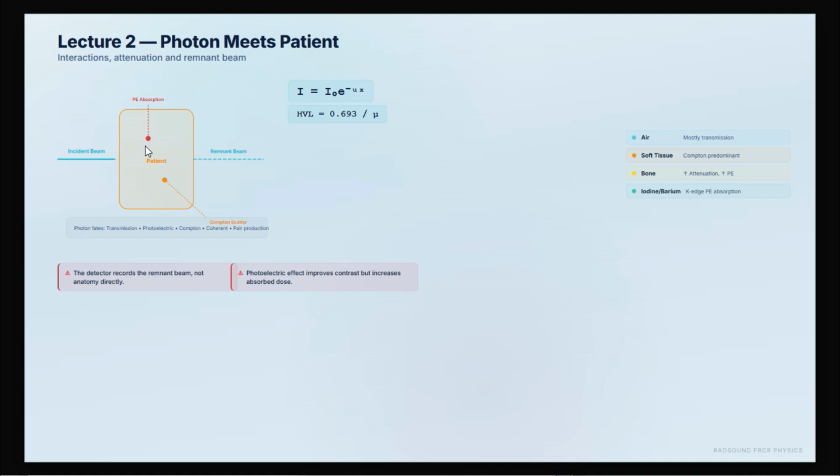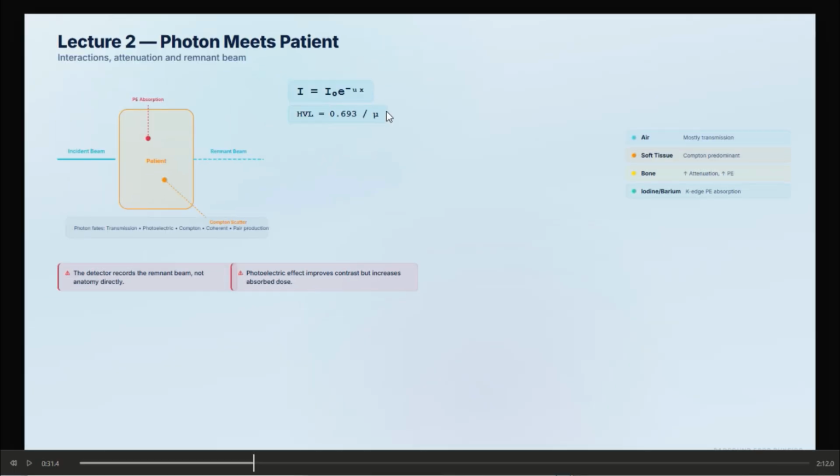This is the main remnant beam that will form the image. Whereas scatter, high energy, high angle, will lead to forward scatter that may degrade the image quality, and the scatter mainly comes from the Compton scatter.